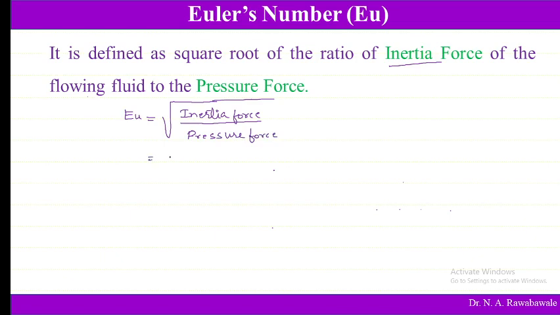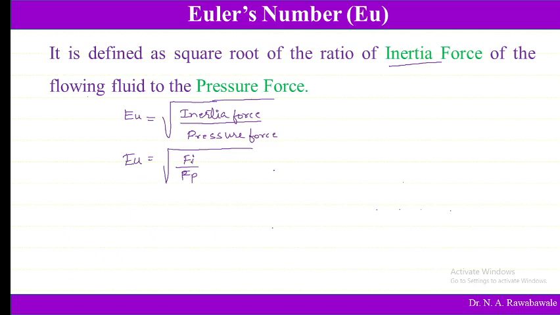This is nothing but square root of Fi divided by Fp, which is Euler's number. In the numerator there is force, in the denominator there is force, therefore units get cancelled.